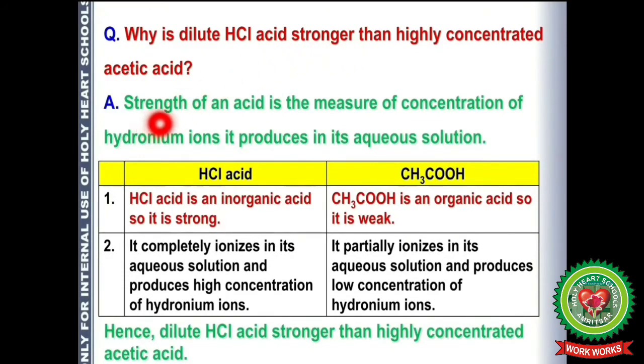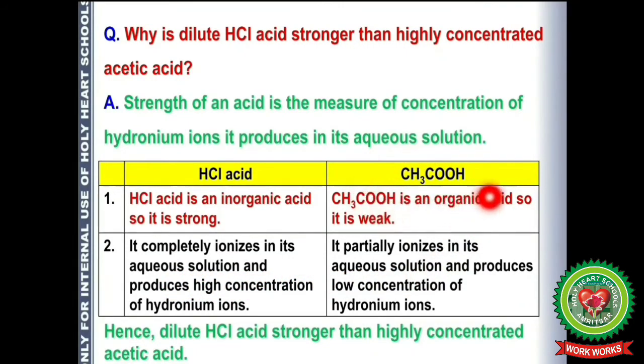We know that the strength of an acid is a measure of the concentration of hydronium ions it produces in its aqueous solution, that is, how many hydronium ions a particular acid produces. When we talk about HCl acid, we know that it is an inorganic acid and it completely ionizes in its aqueous solution and produces a high concentration of hydronium ions.